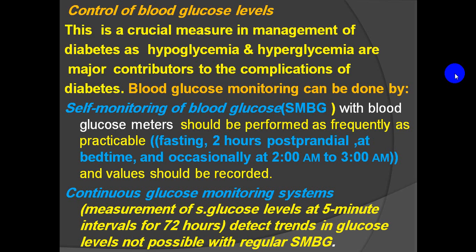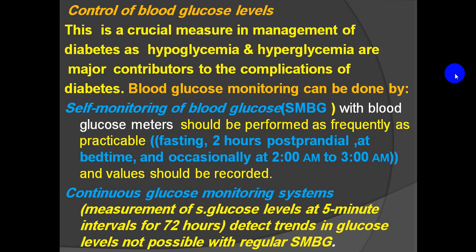The patient usually can measure fasting blood sugar as frequently as practicable. Commonly, it is enough for the diabetic patient to measure blood glucose at fasting, 2 hours postprandial, at bedtime, and occasionally at 2 to 3 a.m. at night.